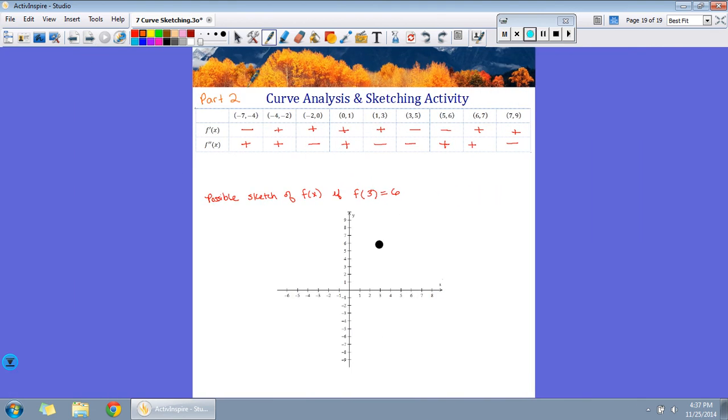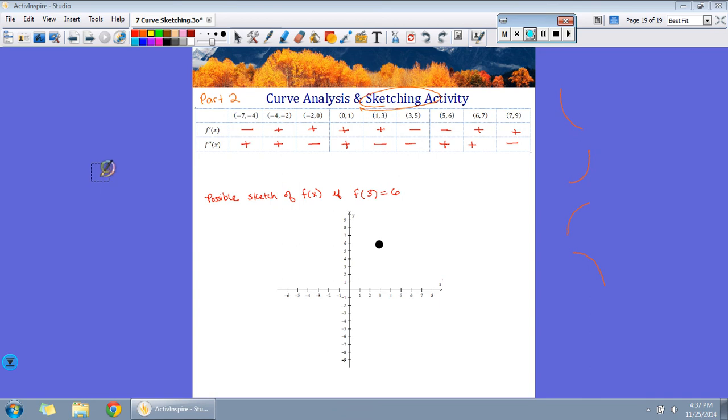Now we want to work on sketching a possible graph of f of x. So we're going to use our sign chart to look at the 4 basic shapes of a curve. We've got decreasing concave up, increasing concave up, increasing concave down, and decreasing concave down.